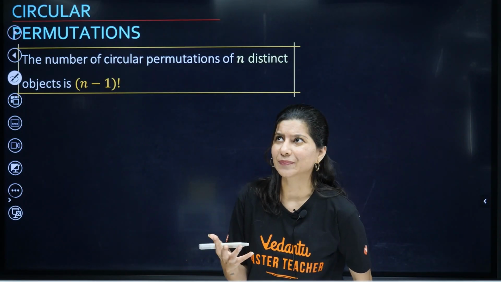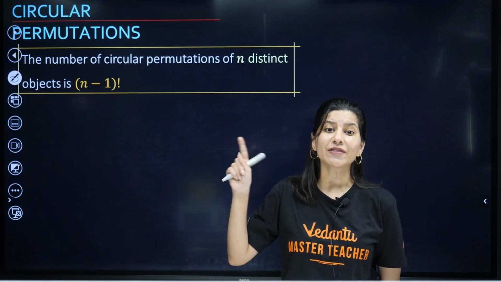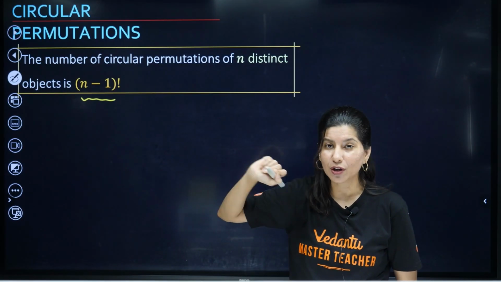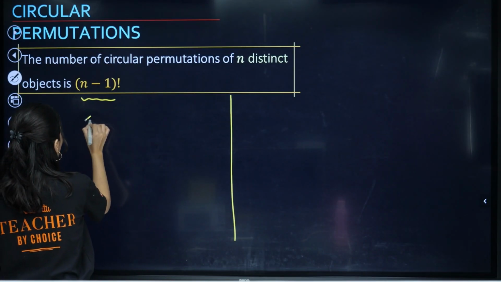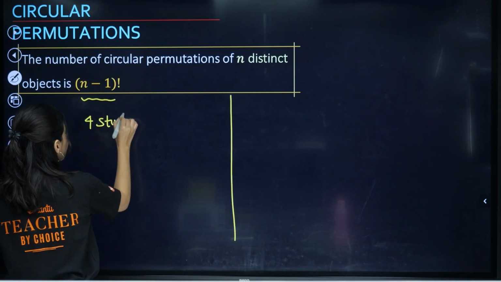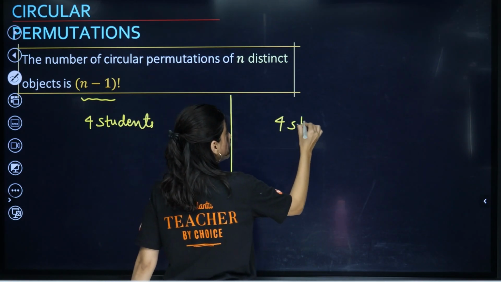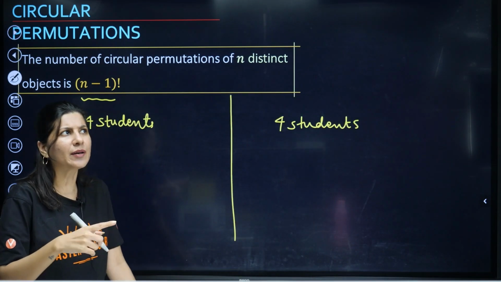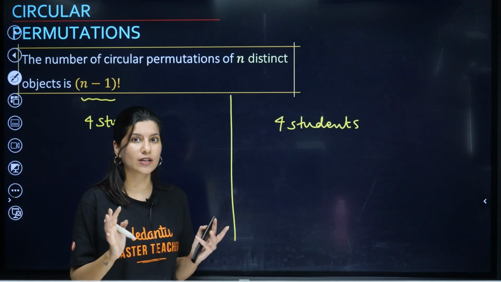Unlike the linear permutation, circular permutation of n distinct objects can be done by (n minus 1) factorial. What does that mean? Suppose you have to arrange 4 students linearly in a row, and you have to arrange the same four students, but this time in a circular manner, maybe on a round table, or you just make them stand in a circular fashion.